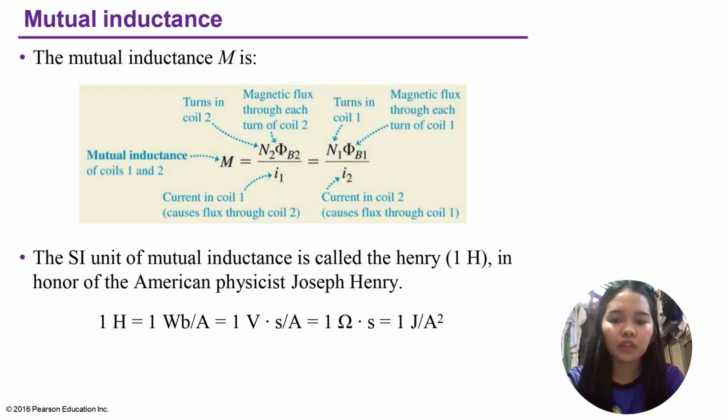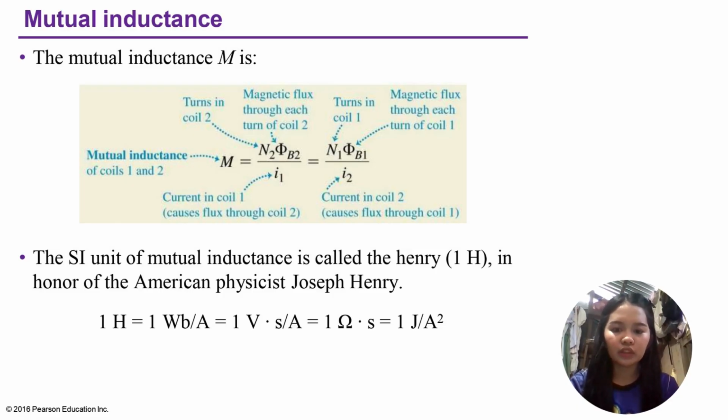To quantify mutual inductance, we use these equations. The mutual inductance, denoted by capital M, can be expressed in terms of the magnetic flux through one coil due to the current in the other. Notice the symmetry here: the mutual inductance is the same regardless of which coil is considered the source and which is considered the receiver of the induced EMF.